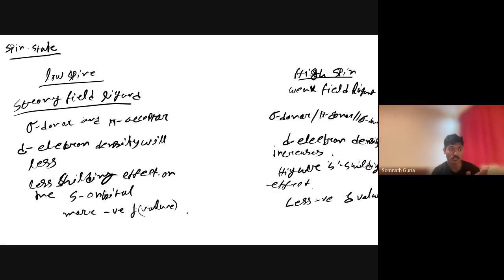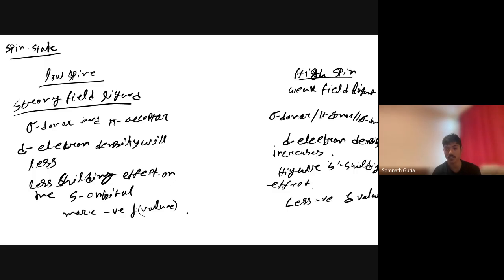On the other hand, the high spin complex here is generally made of sigma donors, pi donors, or only sigma donors. In that case, my sigma electron density, the d electron density, actually increases. It is sharing, and then the s orbital shielding will be high, and the interaction of the s orbital with the nucleus will be less.